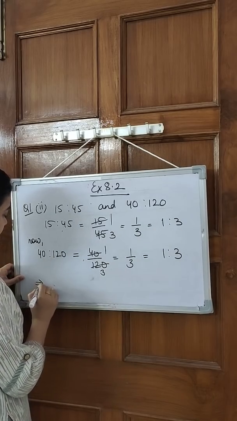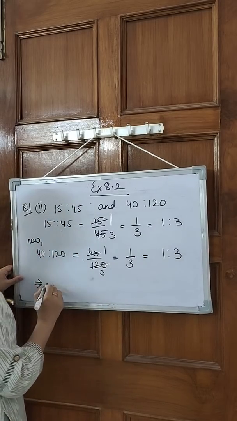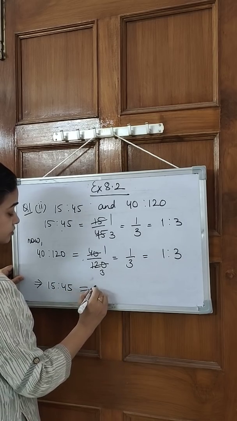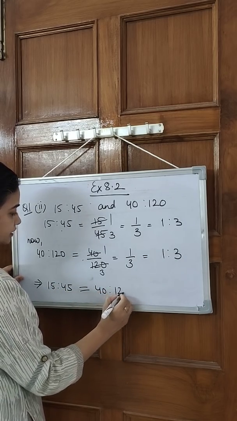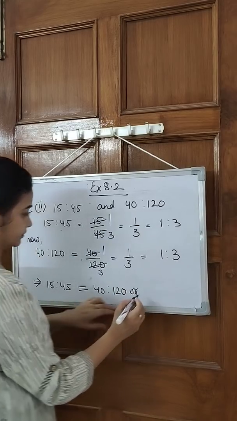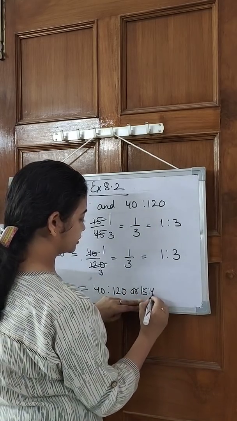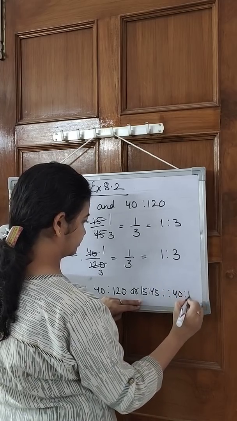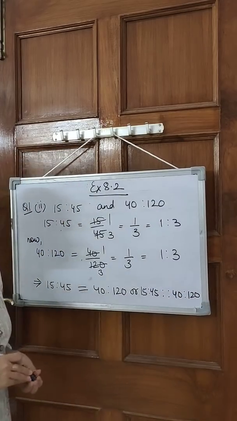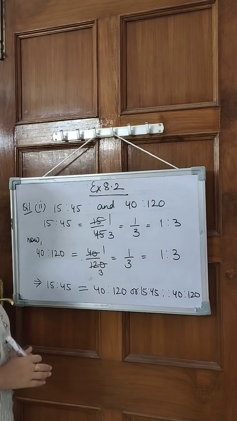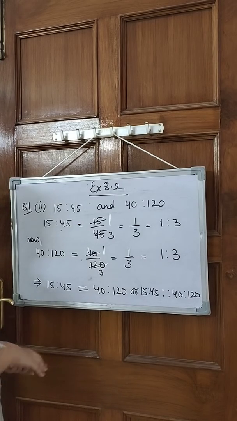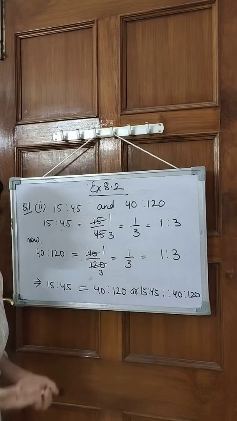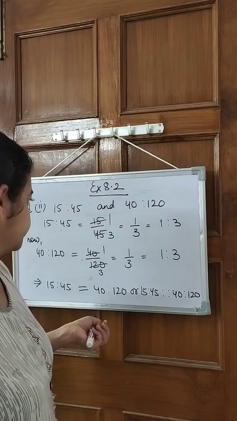So what we can say is that yes, 15 is to 45 is equal to 40 is to 120, or 15 is to 45 is same as 40 is to 120. Yes, simple. You just have to compare the values after simplification. If they are same, then we can say yes, the two ratios are in proportion.